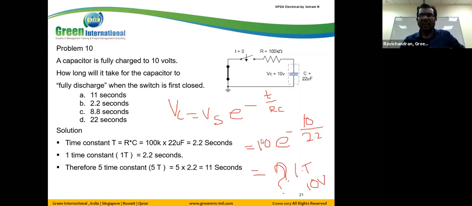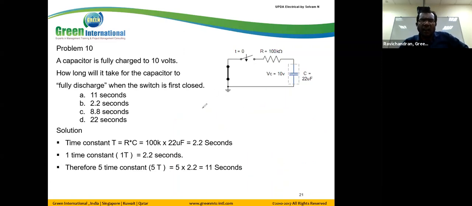If they ask what the voltage is at t equal to 10 seconds, we substitute. Another question: find Vc at t equal to infinity seconds. What is the value?